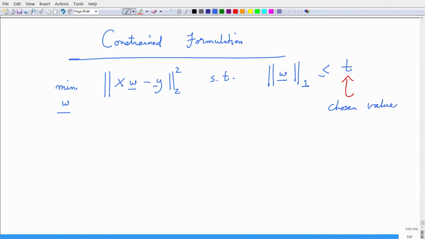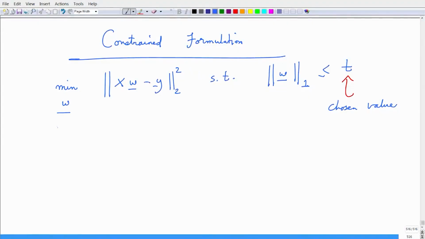So in this case I will look at the absolute value of the weights, and I want to look at all those non-zero variables in my weight vector, and that sum has to be less than or equal to t. That is the meaning of the statement, right. The sum has to be less than or equal to t.